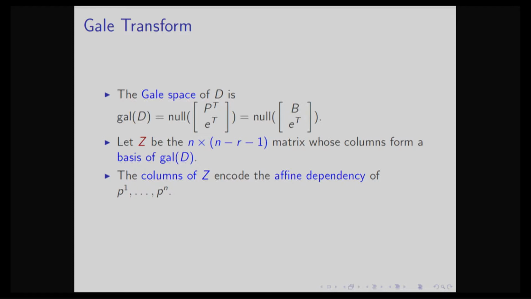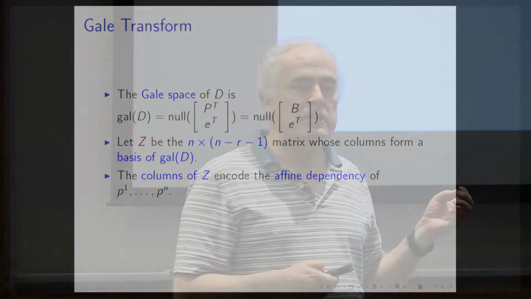Now, from this definition, it's obvious that the columns of Z encode the affine dependency of these points. As a result of that, when you are talking about points in general position, like no 3 points on a line, the Gale transform or Gale matrix becomes very useful to have. It's really very useful, especially in the theory of rigidity of frameworks. Okay?